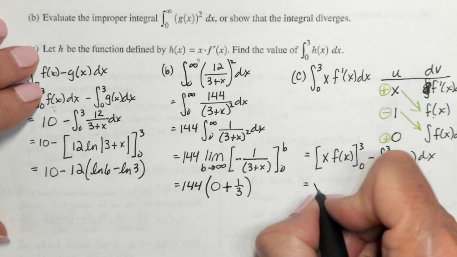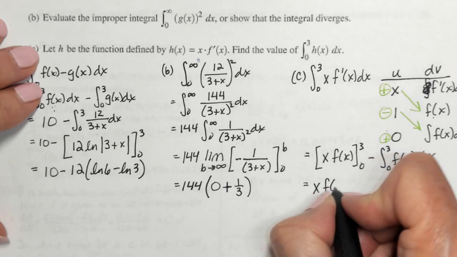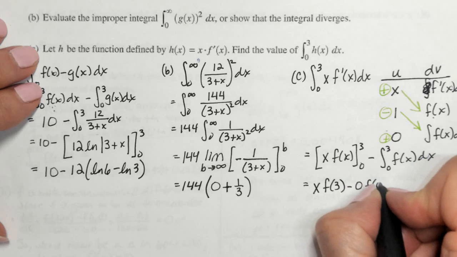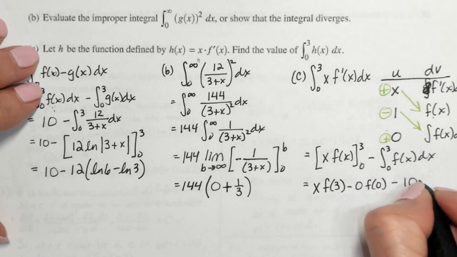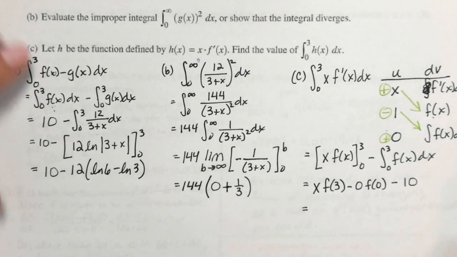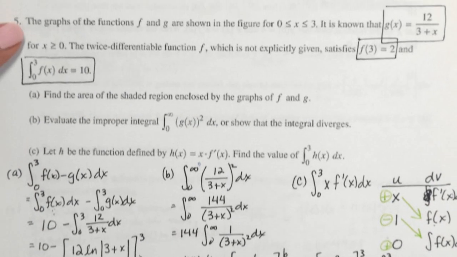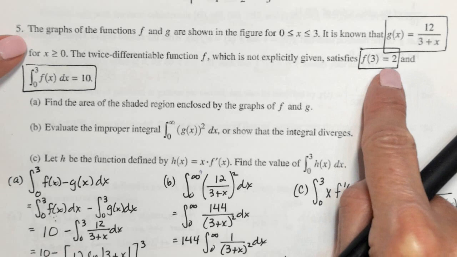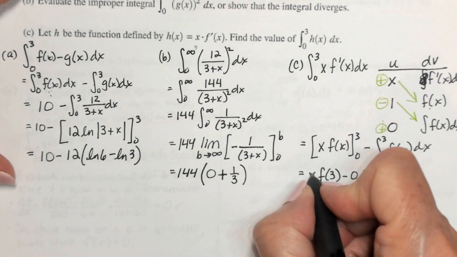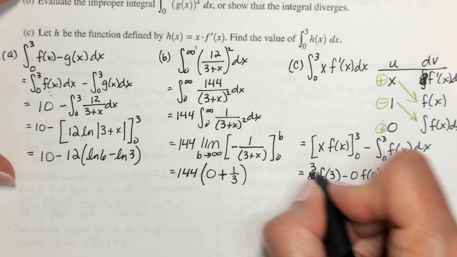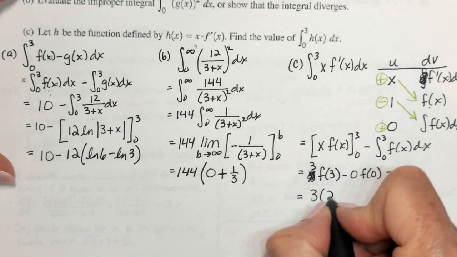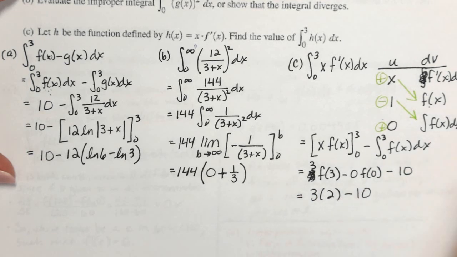I'm going to have 3 f of 3 minus 0 f of 0 minus 10. This piece is 0. What is f of 3? Well, f of 3 they gave me in the problem. It's 2. I'm putting 3 in for x. 3 times 2 minus 10.